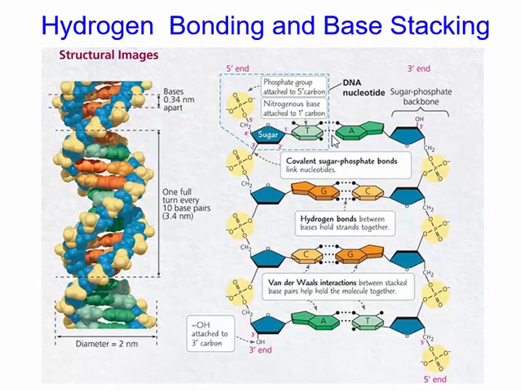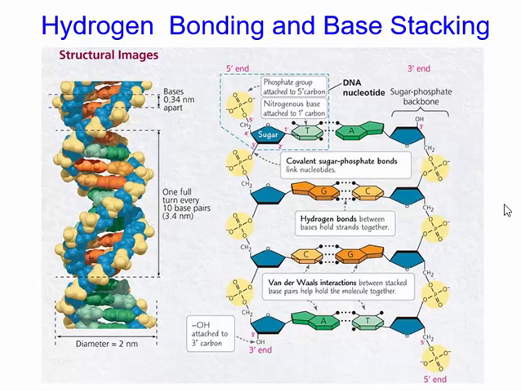Notice you have 2 hydrogen bonds between T and A, and 3 hydrogen bonds between G and C. So actually, the GC bonds are a bit stronger than the TA bonds. And notice our strands are anti-parallel to one another. This one's 5' to 3' this way. This guy is 5' to 3' going up.